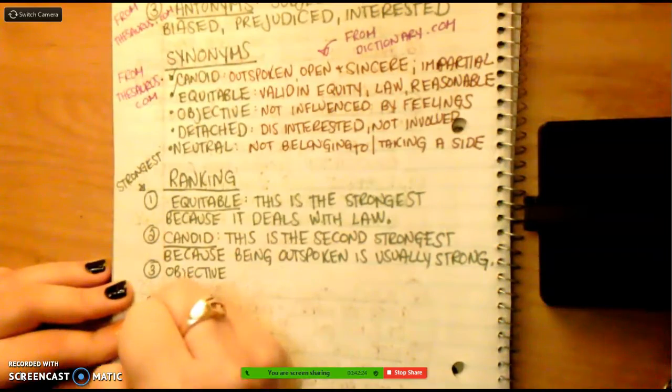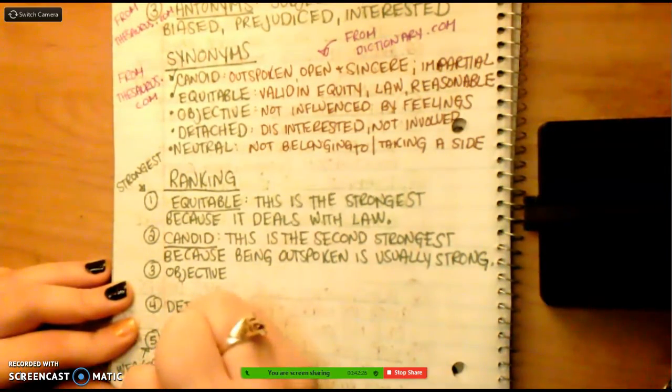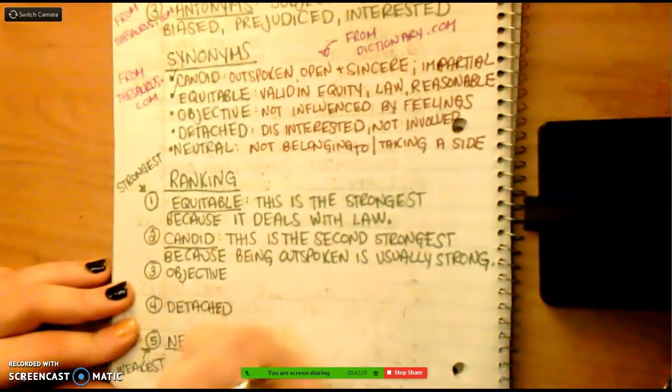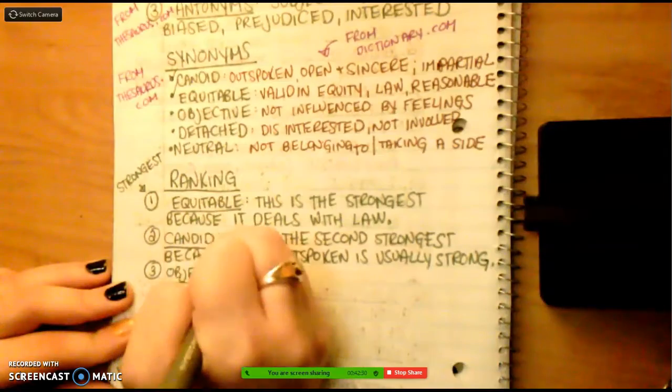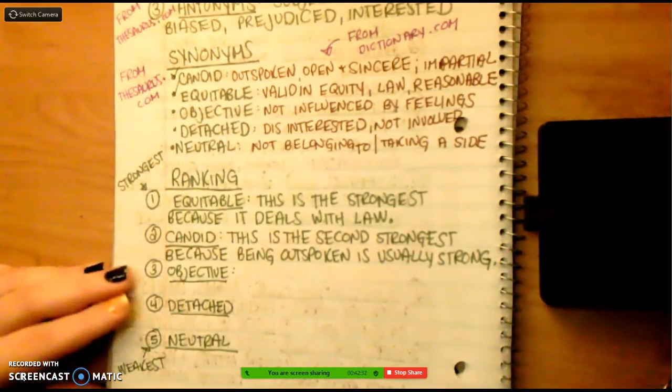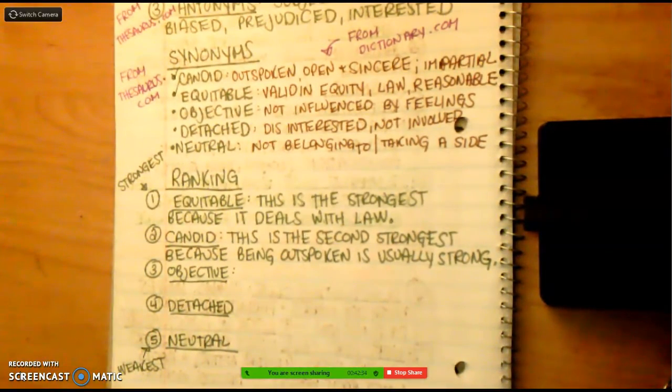And then neutral. And I'll tell you why. I think objective is because it's not influenced by feelings, right? But it's not really taking a side. Detached means you're not involved at all, and neutral means you're not belonging to anything.